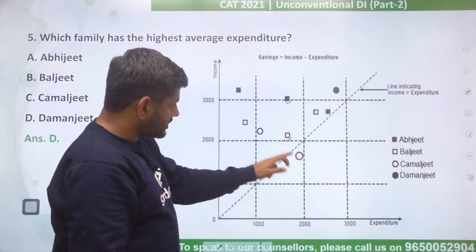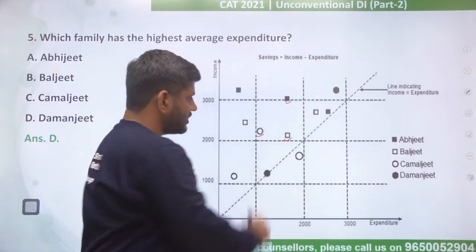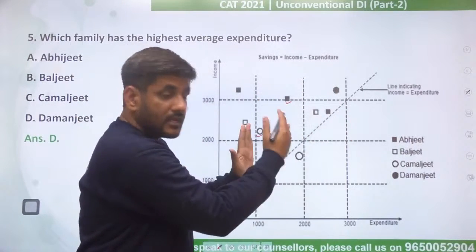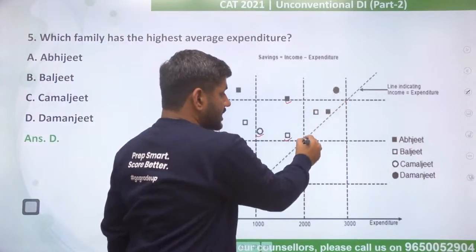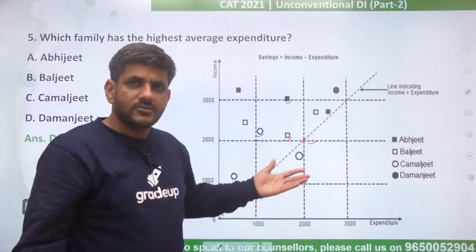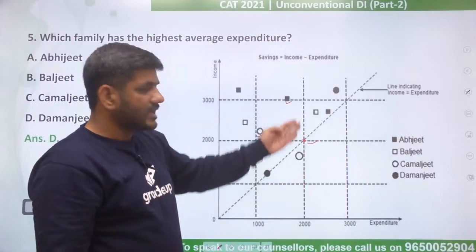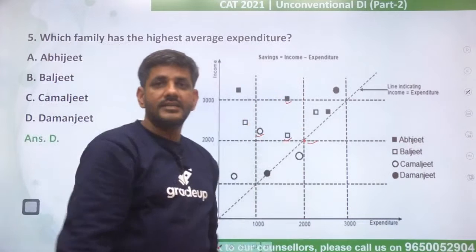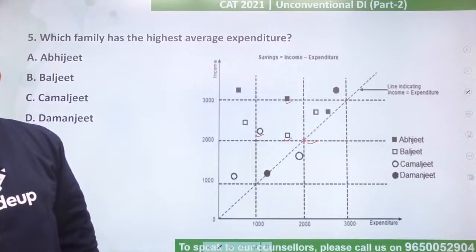Similarly, when you look at the 3 white circles, their average would be somewhere around this. But there are 2 black circles, their average is in the middle of them. One here, one here, so the average would be somewhere around this. In the middle, height is not the different point. So around 2000 their average expenditure will come. So therefore I can say this is the highest expenditure family, which becomes our answer.